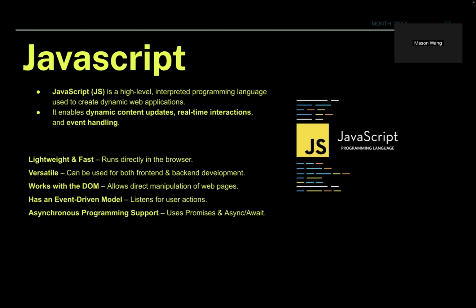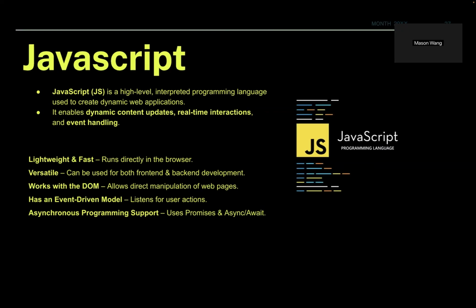Some of its advantages are that it's lightweight and fast because it runs directly in your browser. It's also very versatile, as it can be used for both front end and back end development, and that's possibly the reason why it's one of the most important skills to learn as a web developer nowadays.